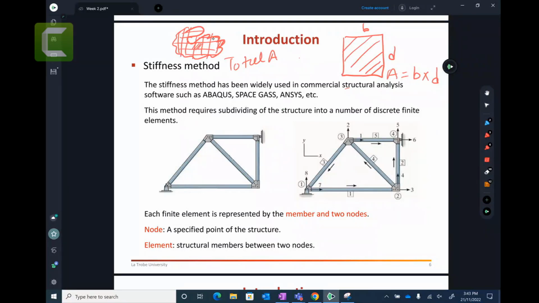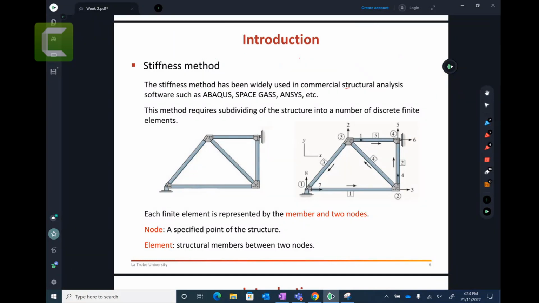So the final mass and the final details you will get are estimates. The overall objective of these methods is that when you come across something very complex, we divide it into very small elements and then work out each element. So if someone gives you this whole truss, we break it down into various elements, like this.